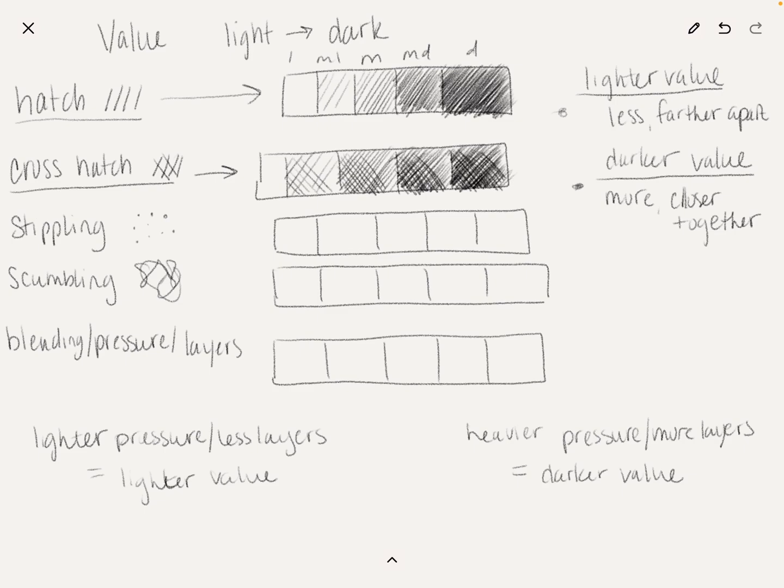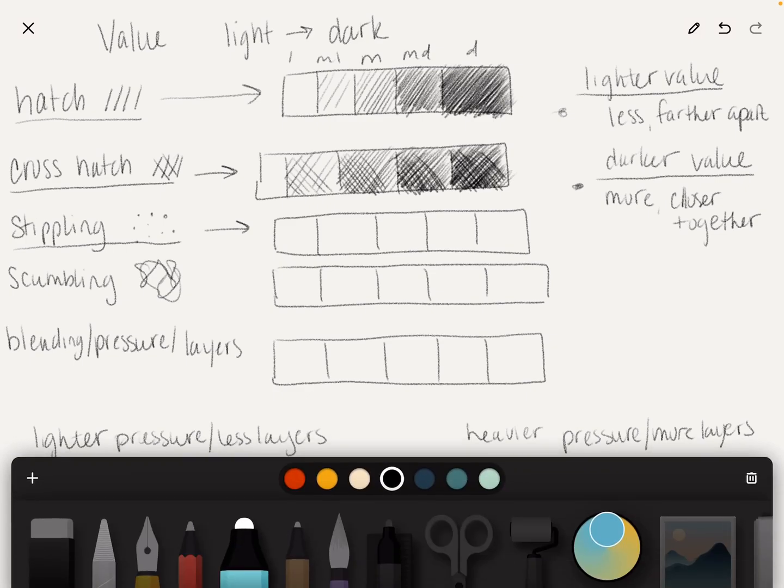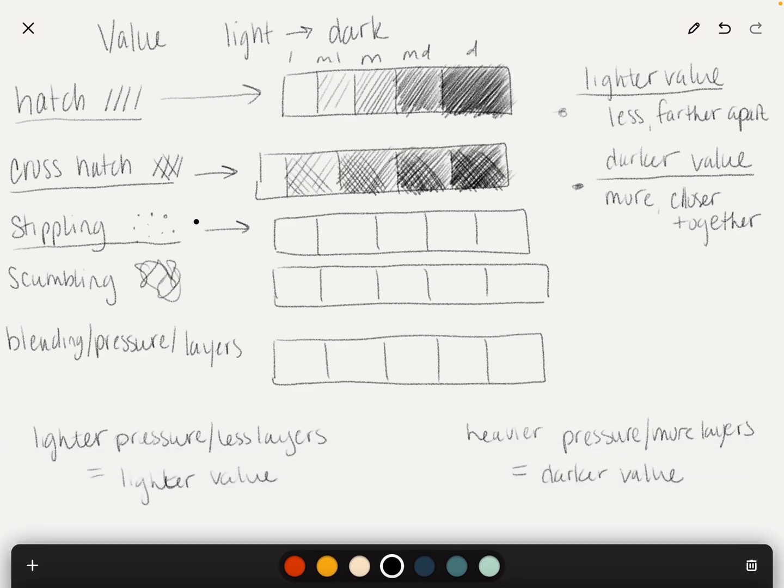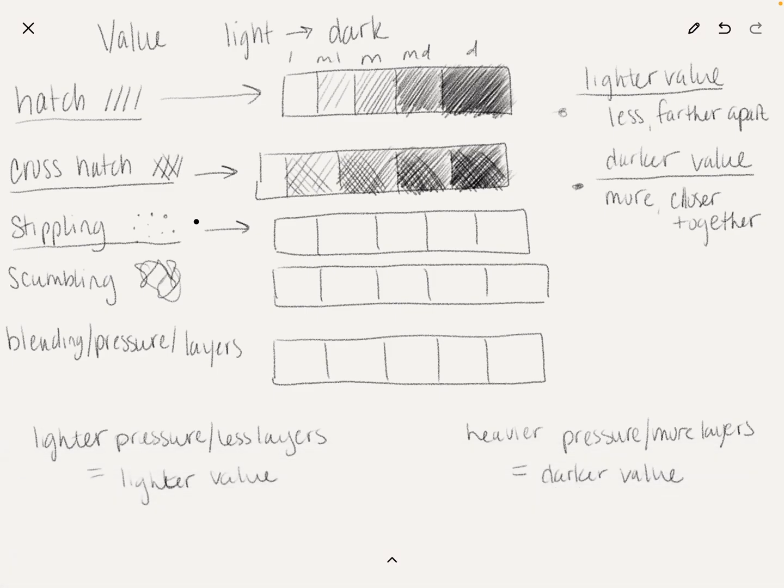There you go. Stippling's really fun. That's this one here. And it lends itself really well to markers and paint, because it's simply creating dots. You can do this with a pencil or with a colored pencil.